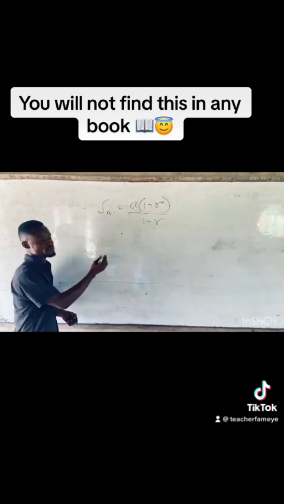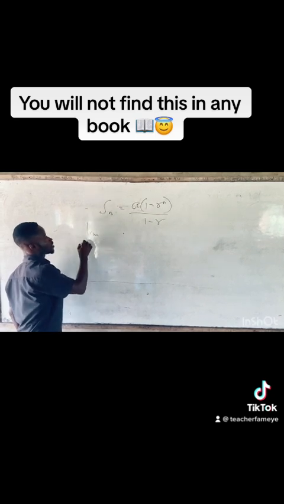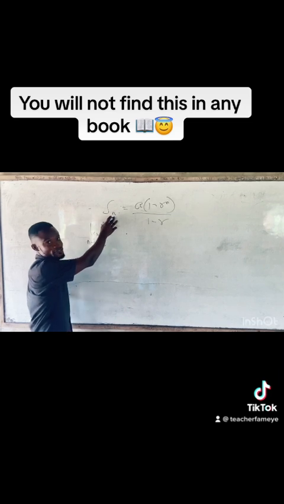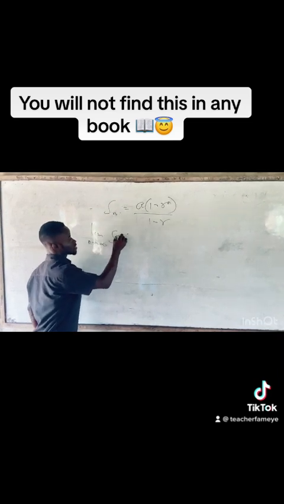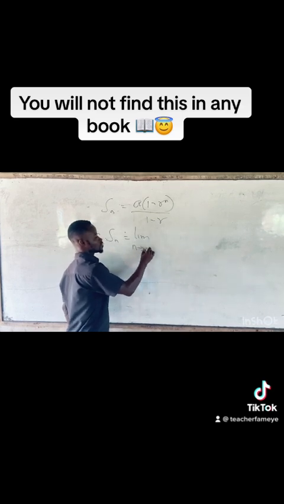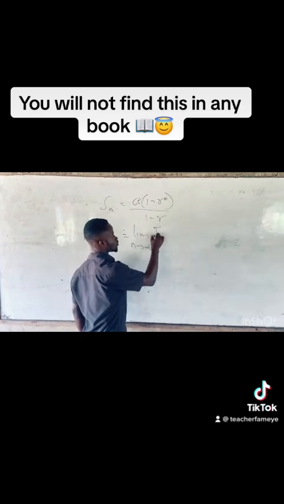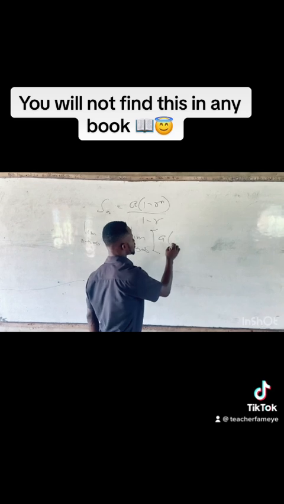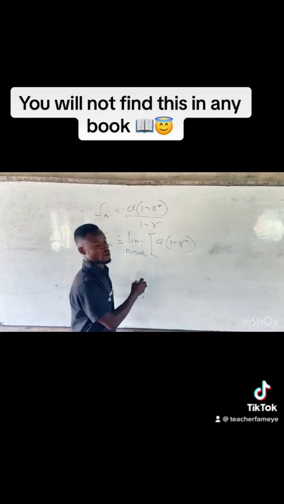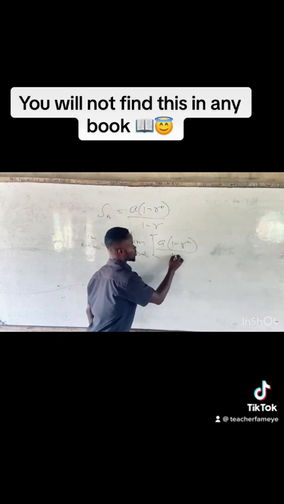When you take the limits as n approaches infinity of the left hand side, which is Sn, equal to the limit as n approaches infinity of a(1 minus r^n) all over 1 minus r.